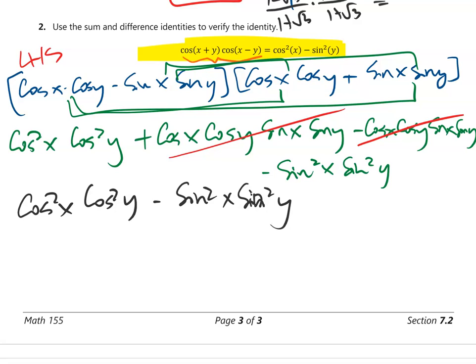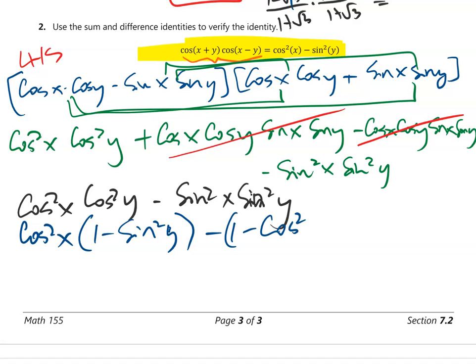So here, cosine squared of y using the Pythagorean identity is the same thing as 1 minus sine squared of y, minus sine squared x, we know that this is 1 minus cosine squared of x, times sine squared y.